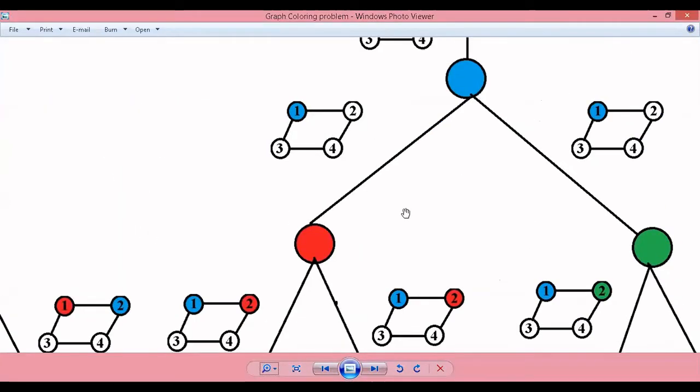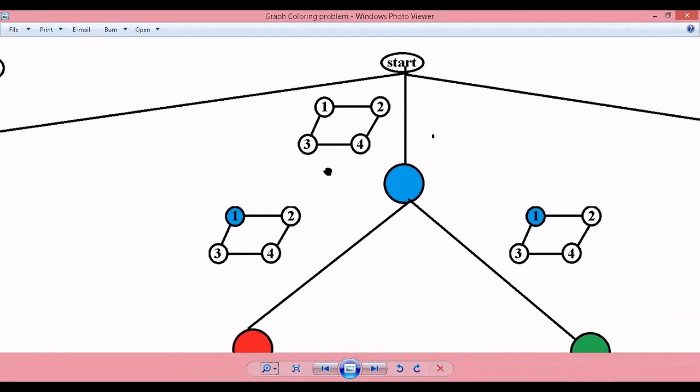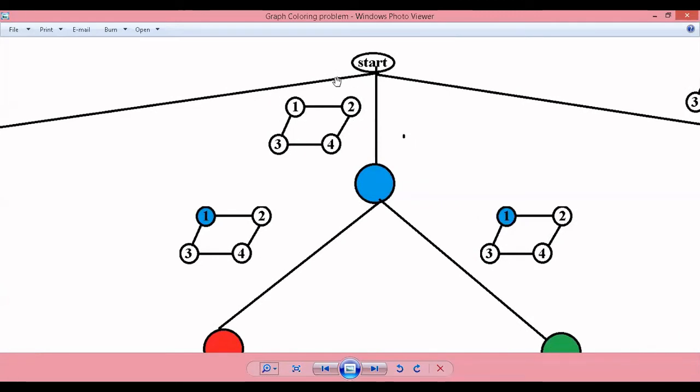First 3. Now see, I have started with the start node. Now the start node has three subtrees. See here, 1, 2 and 3. So students will ask, why only 3, sir? Why have you not taken 4 or 5? Because only 3 colors are given to me.